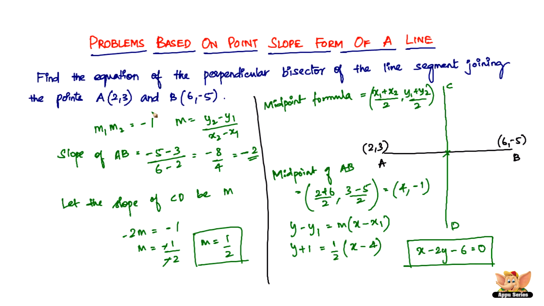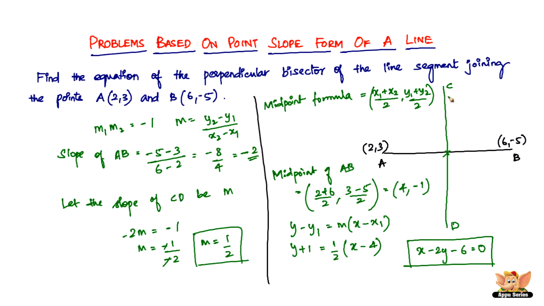Once you find the slope of AB, you can easily find the slope of CD. But how do you find the slope of AB? You have 2 points, so use the formula for slope. So by then we are done with one part. The second part is that you need to find some point through which the line in question is passing.